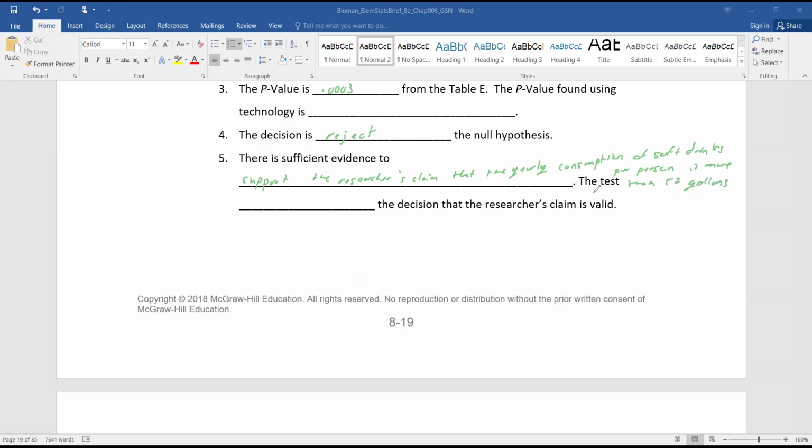And therefore, the test supports the decision that the researcher's claim is valid.